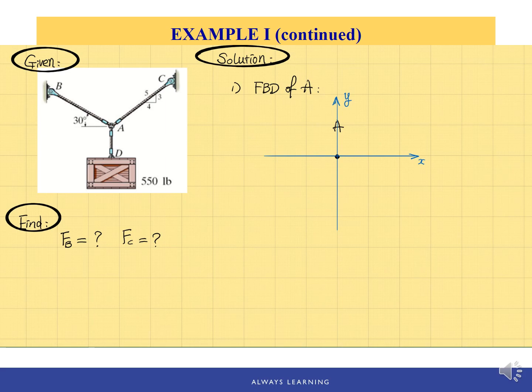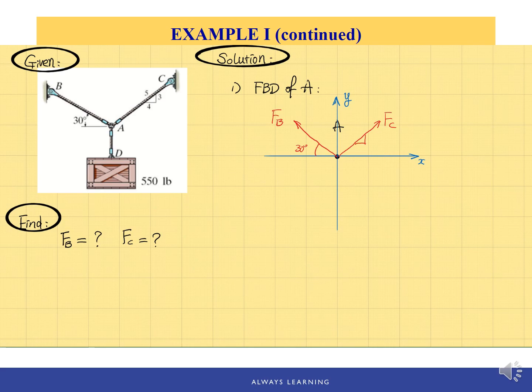First, the force FB from point A to point B, we don't know it, so this is FB at a 30 degree angle. Next, FC, directed from point A to point C, we also don't know the magnitude of it.